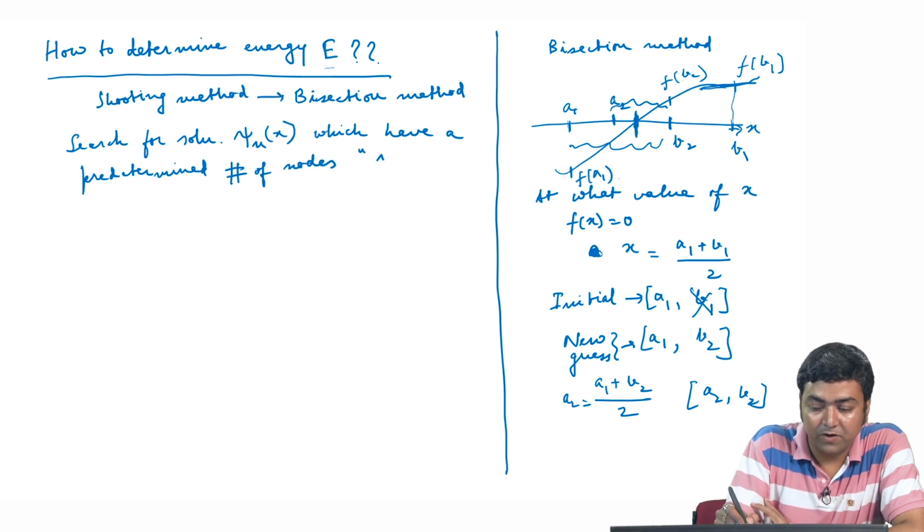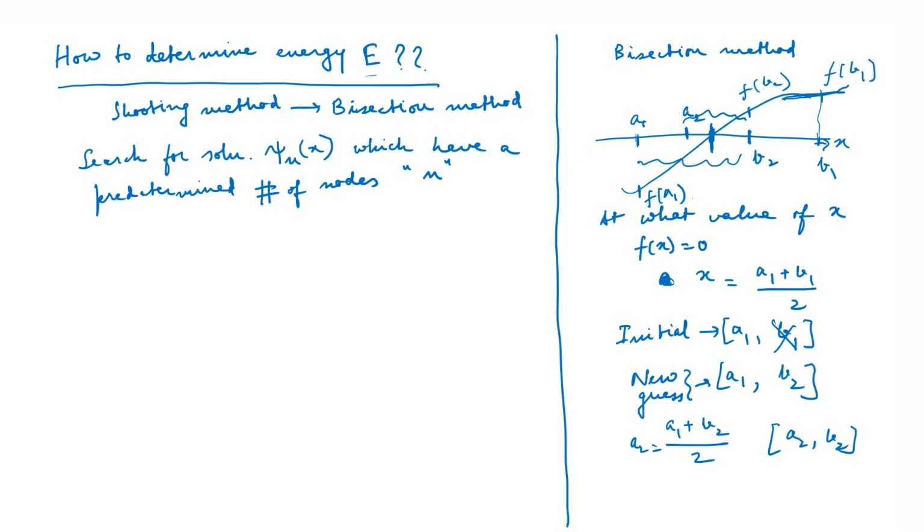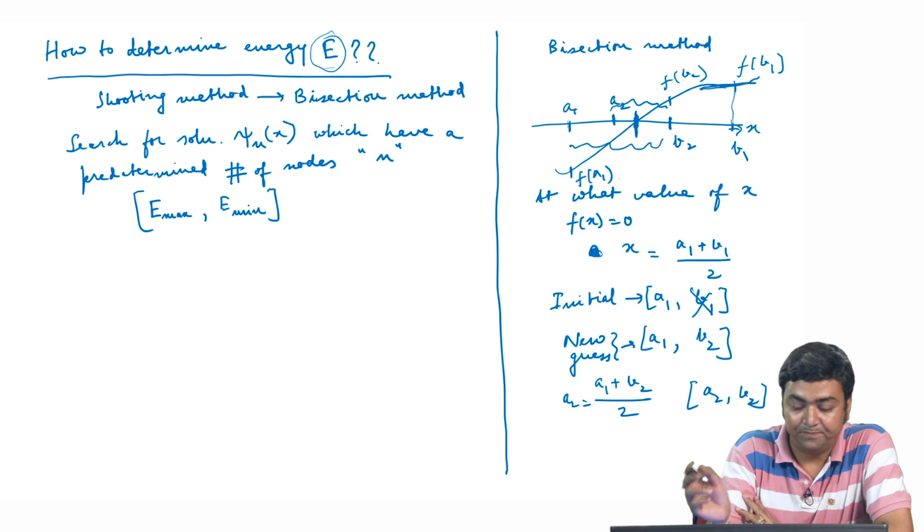Let us call this number of nodes n. So, we take an initial guess, say E max and E min. Again, we have to ensure that E max and E min contain the correct eigenvalue E.